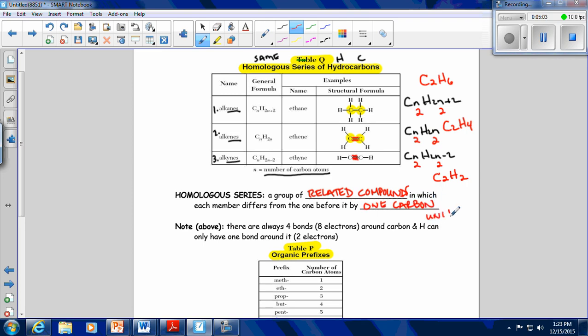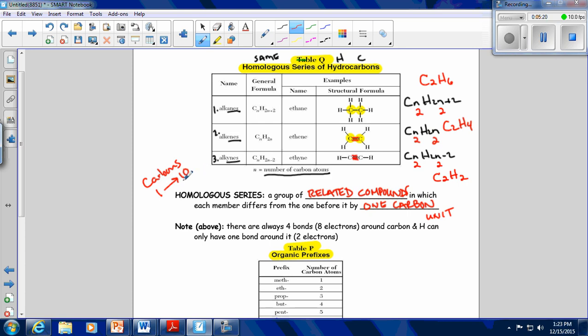And for this particular homologous series, you're going to see a change in carbons from 1 carbon atom all the way up to 10. It does go further than that, but we're going to focus just on the first 10 carbon atoms.